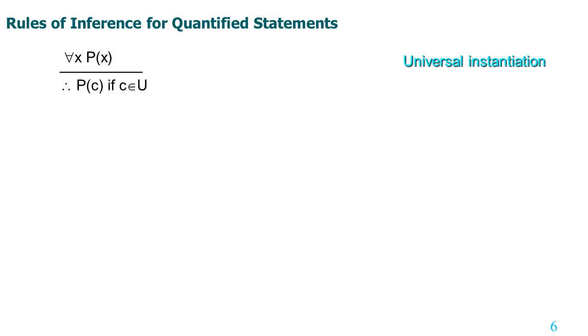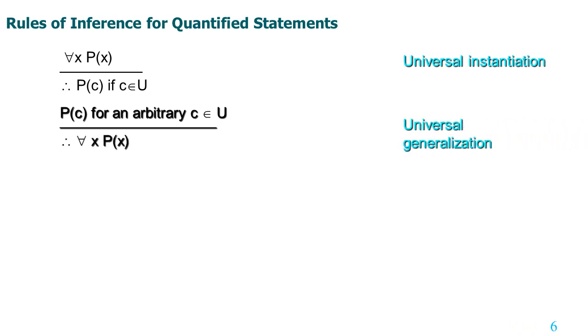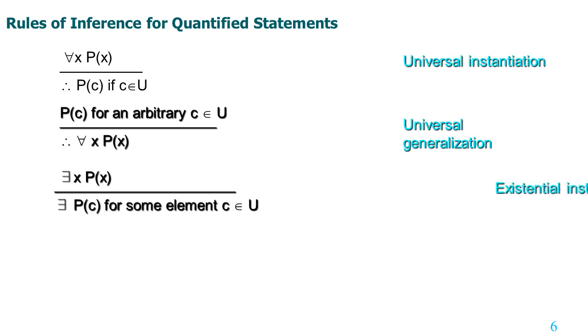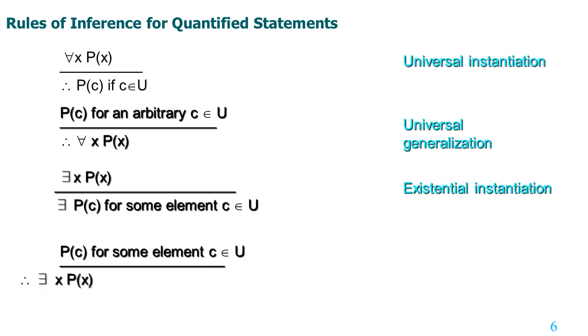This is known as universal instantiation. This is known as universal generalization. This is known as existential instantiation, and this is known as existential generalization.